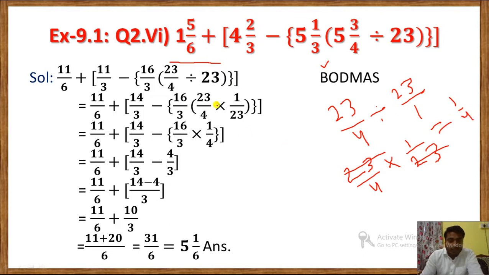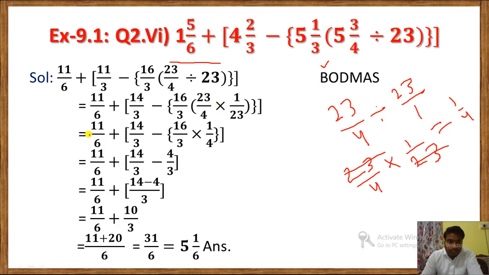Understood? So here you can see we can write 11/6 + [14/3 − {16/3 (23/4 × 1/23)}], this part. Small bracket close, curly bracket close, big bracket close. When we multiply this, we'll get 1/4 from here.